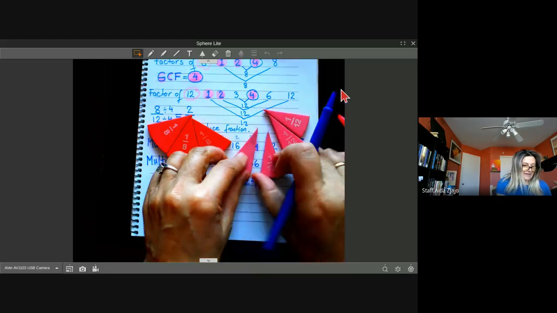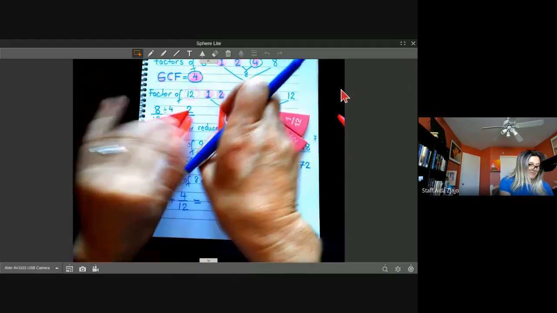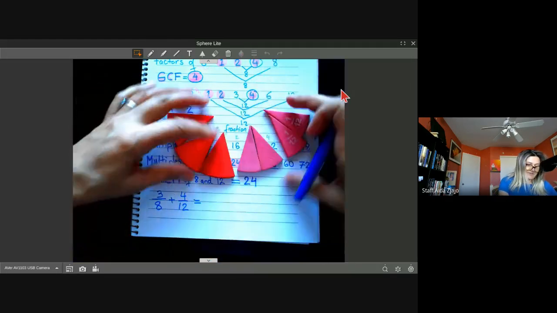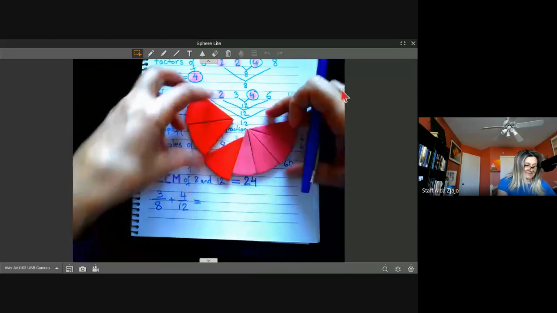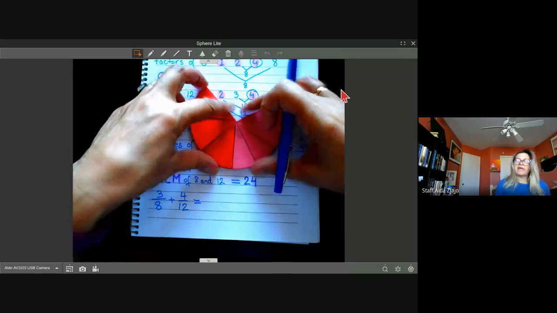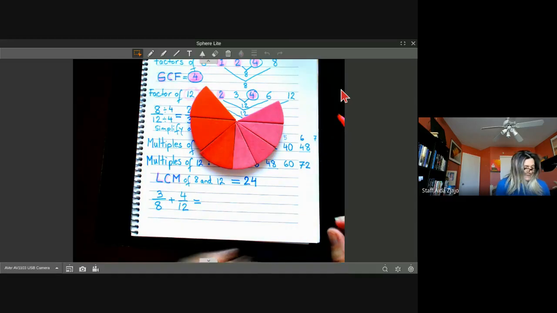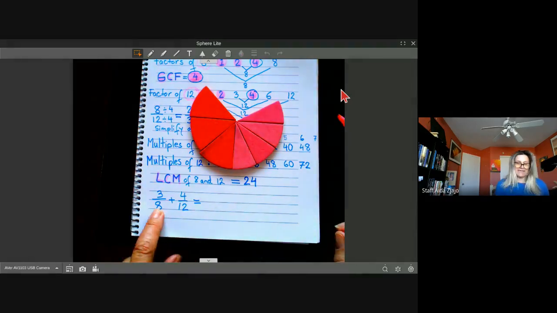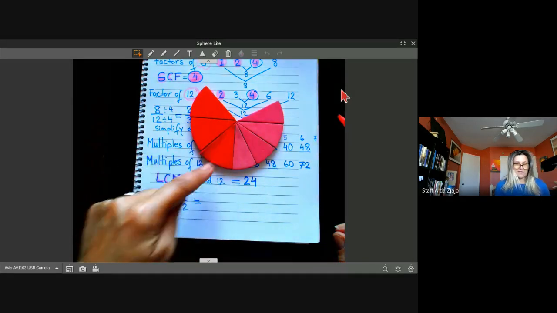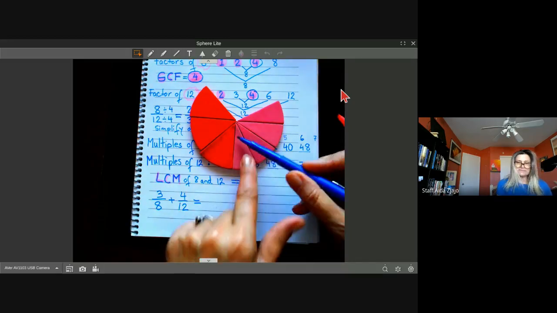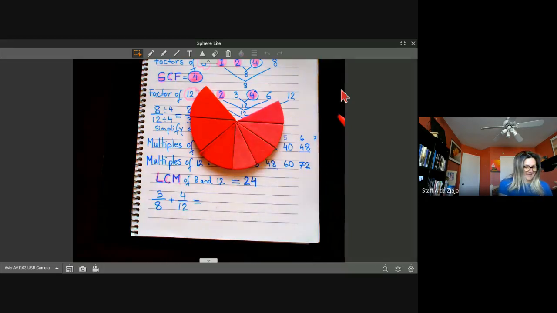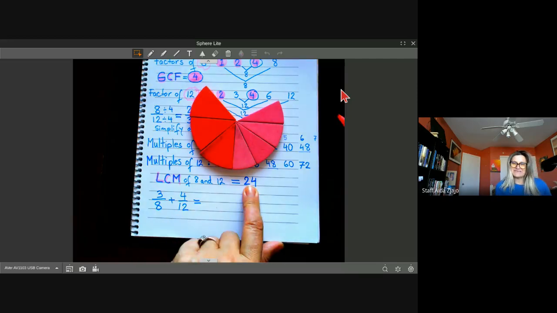So then when I add them up together, they really create, I don't have 24ths yet, but this is actually how I can add them up: by cutting these 8s into smaller pieces, and these 12s also into smaller pieces, so I can make 24th pieces.